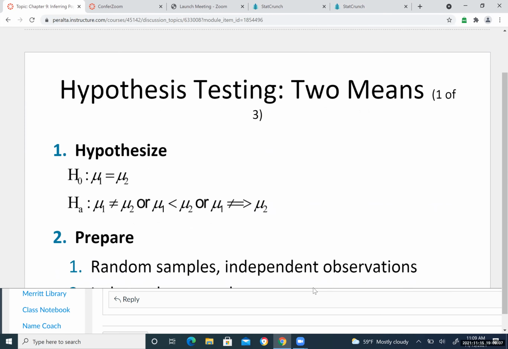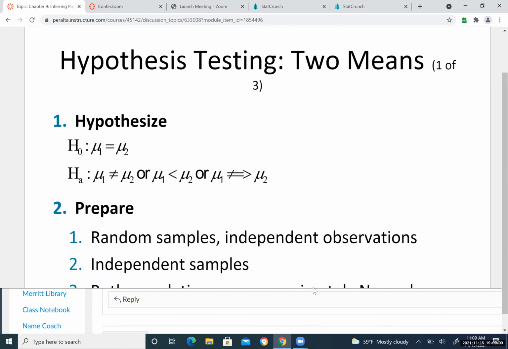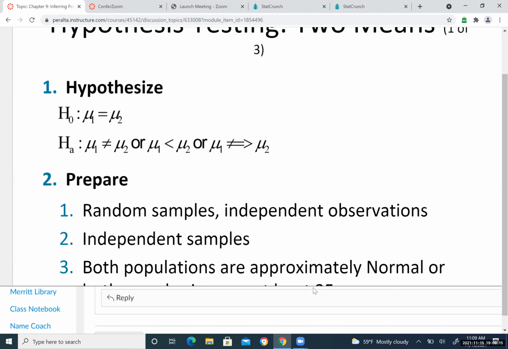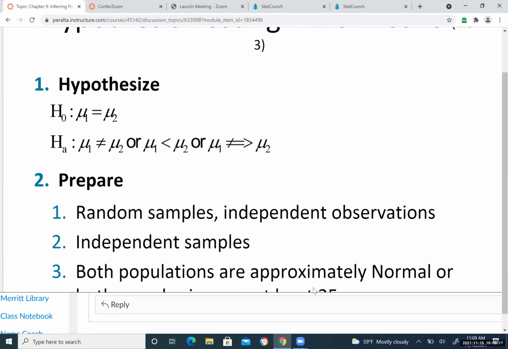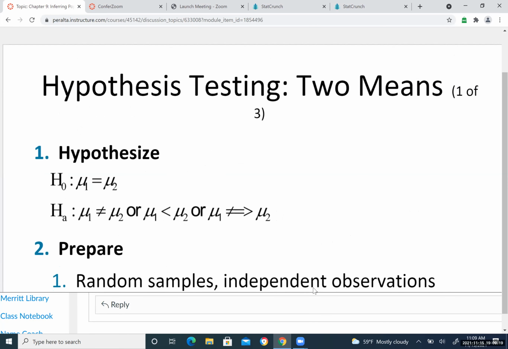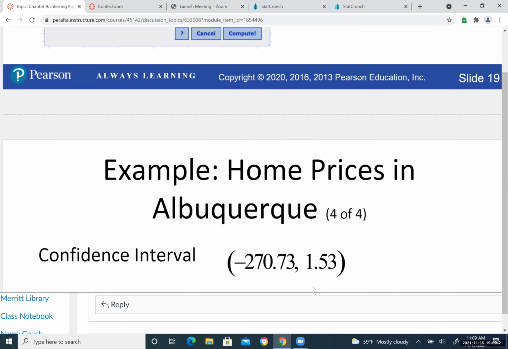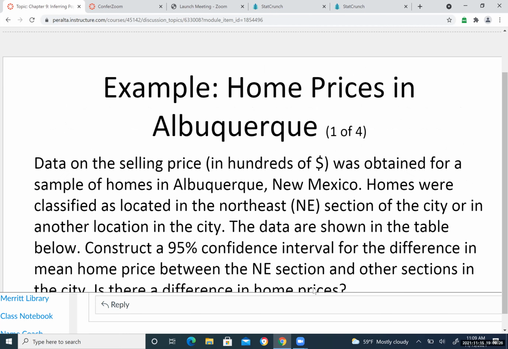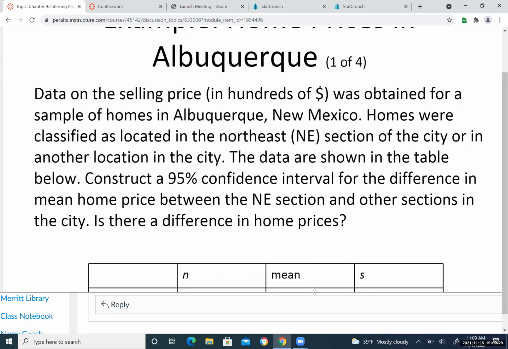For hypothesis testing, like I said, it's exactly the same steps, but you just change the box and you're done. But make sure you figure out whether it's a right tail or left tail as well, right? For example, for this one, if they're talking about a hypothesis test, go back to the home. Is there a difference in home prices?